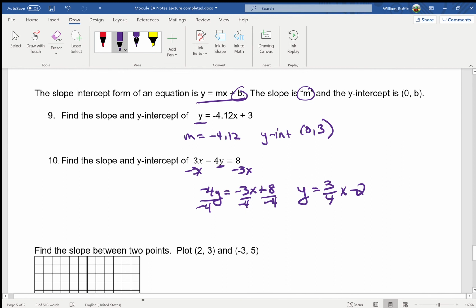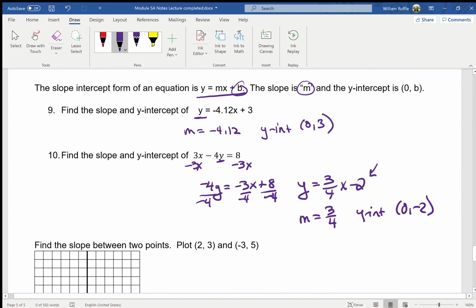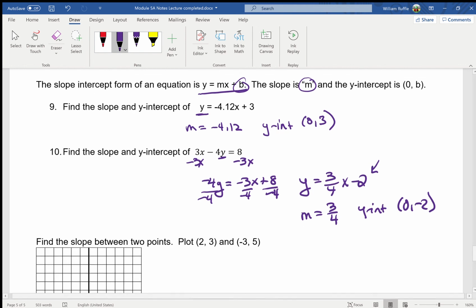So what's attached to the x? Well, 3/4 is, so my slope is 3/4. And my y-intercept is the number over here, so my y-intercept is 0, negative 2. All right, I believe in this section they only want the slope, but in 5b they're going to want the slope intercept, so I'm really preparing you for that. Just answer what they ask for.